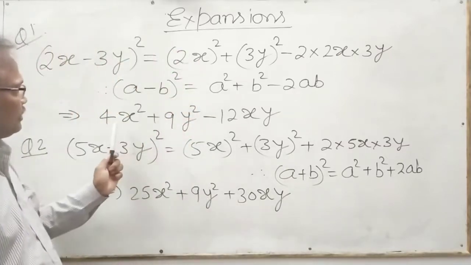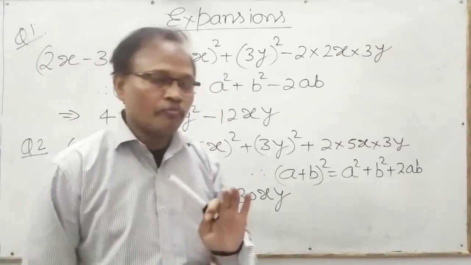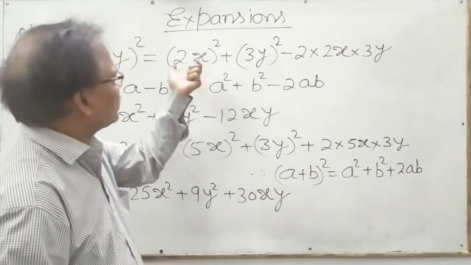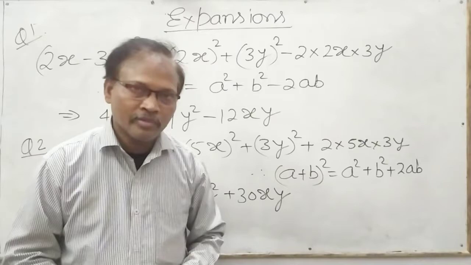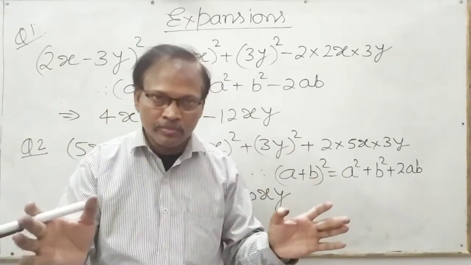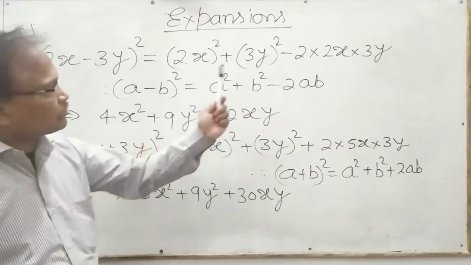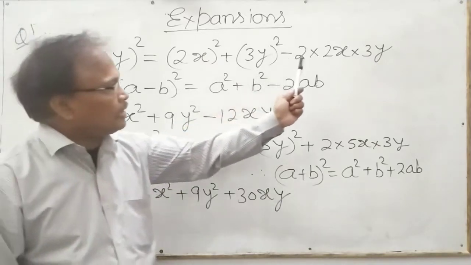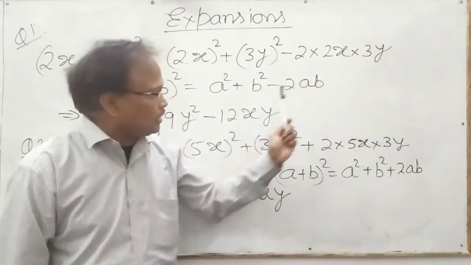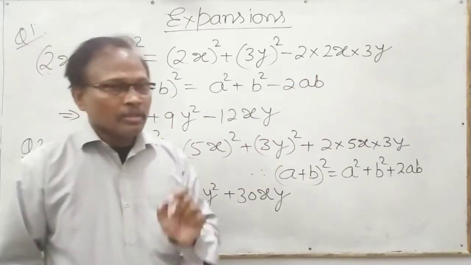Then you simplify. 2x whole square, what is the meaning of whole square? It means multiply the given number 2 times, 2x into 2x. So that will be 4x square. It will be 9y square. And 2 into 2 is 4, 4 into 3 is 12, so 12xy, minus.